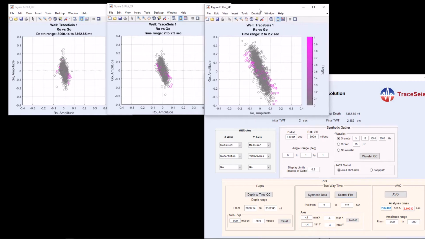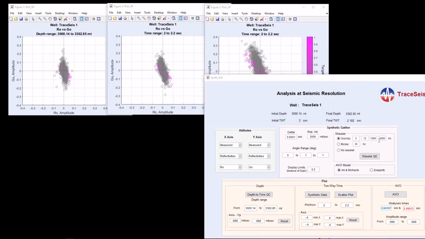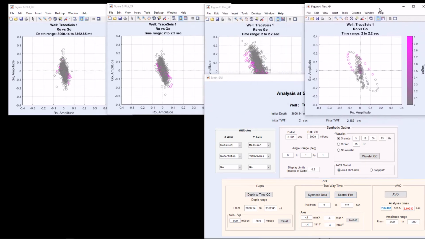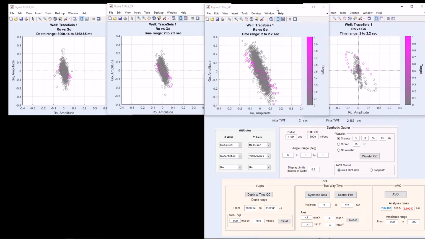This would be the scatter plot, and then let's just jump now to the 50 to 75 Hertz that we believe we have in the seismic data, and let's plot this to 1 millisecond, and this is the display that we had been looking at.